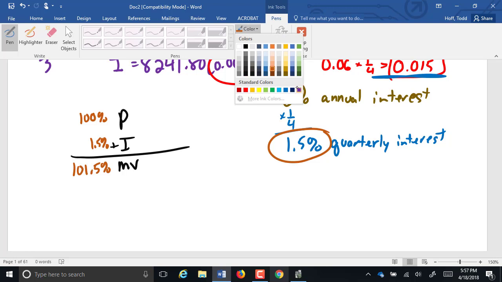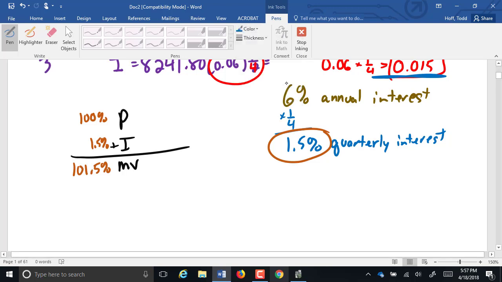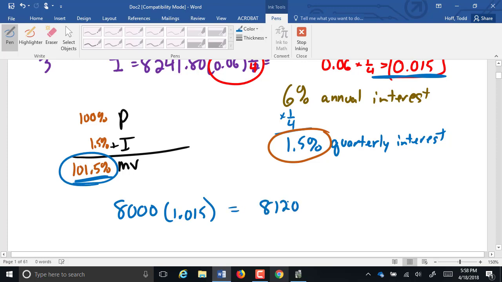So what that means is to find the balance at the end of the quarter, we could take the beginning balance times 101.5%. Let me show you. The first quarter, we started out at 8,000. As a rate, 101.5% is 1.015. That gives us $8,120.